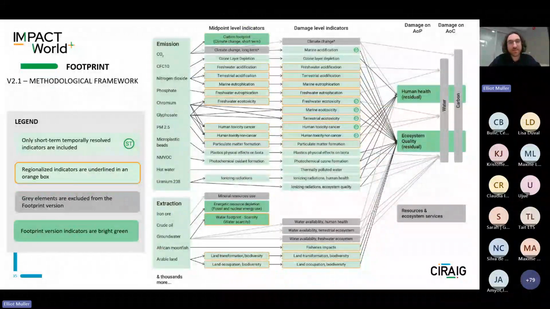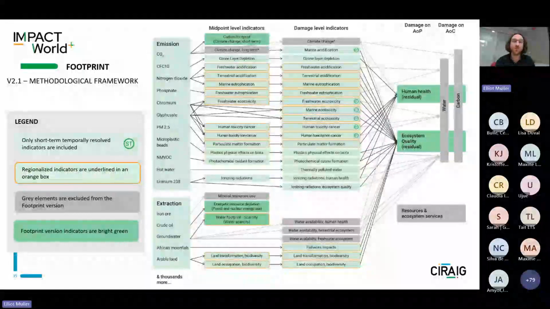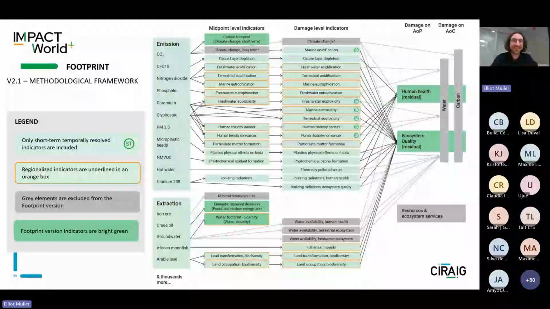And the last thing that you need to know when using this version of the method is that we also decided to exclude all the long-term indicators because, as I explained earlier, they can be quite uncertain. And once again, the idea of this method is to allow for a simplified analysis and interpretation of the results.